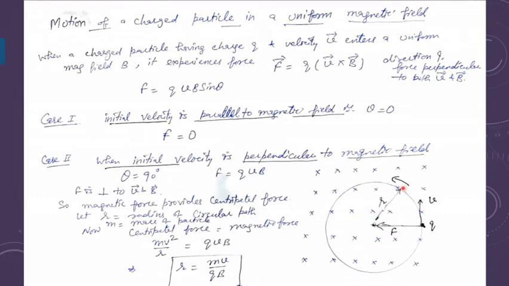Then centripetal force equals magnetic force. The centripetal force is mv squared by r, and the magnetic force is qvB. If you equate, the radius of the circular path comes out to be mv divided by qB.